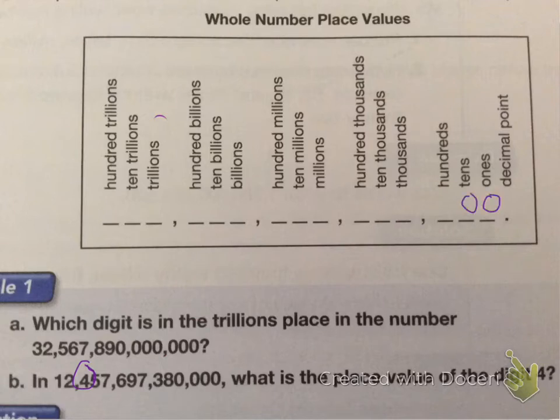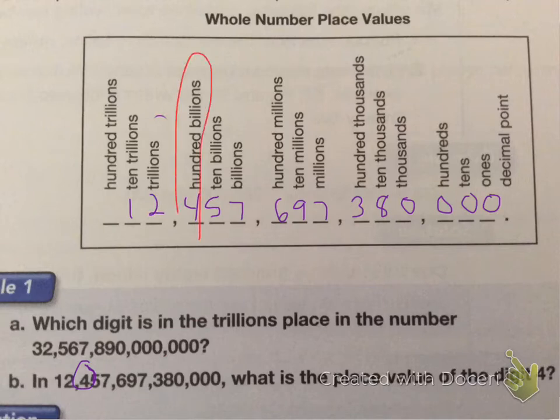So 0, 0, 0, 0, 3, 7, 9, 6, 7, 5, 4. Since the 4 is what I need, I don't have to finish it, though I will. So the 4 is in the 100 billions place. So I write out 100 billions.